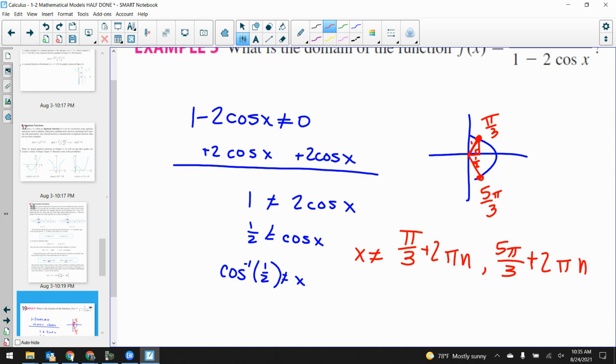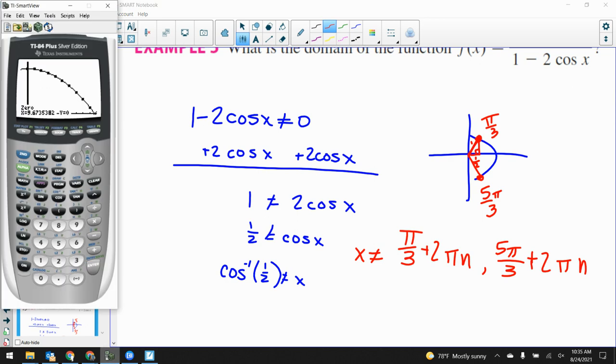I'm curious. What does this function look like? I really don't know. I didn't do this beforehand. 1 divided by 1 minus 2 cosine x. And I'm going to zoom six and see what happens. Weird.